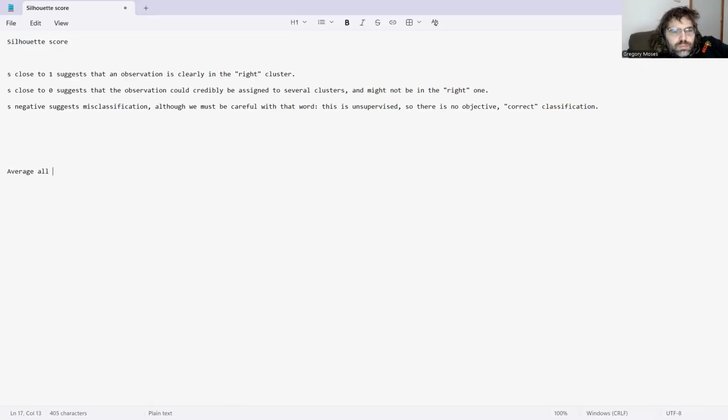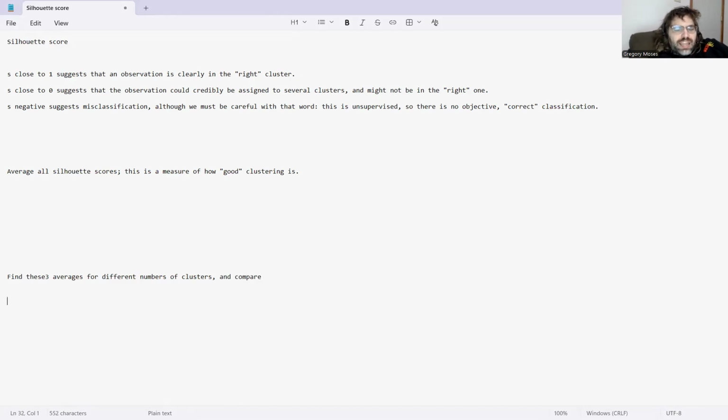Average all the silhouette scores. This is a measure of how good the clustering is. Then we can find these averages for different numbers of clusters.